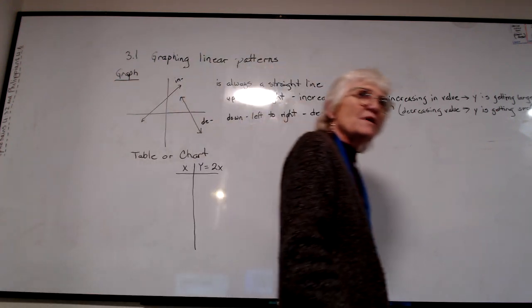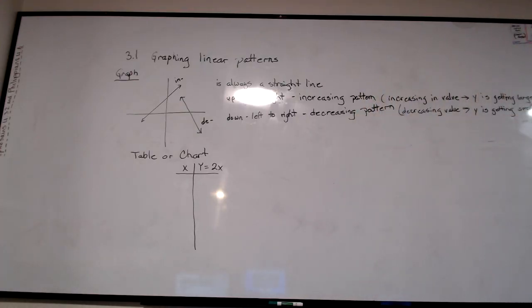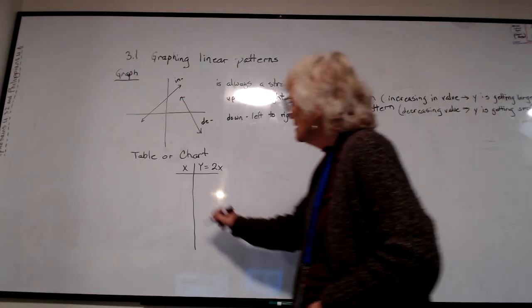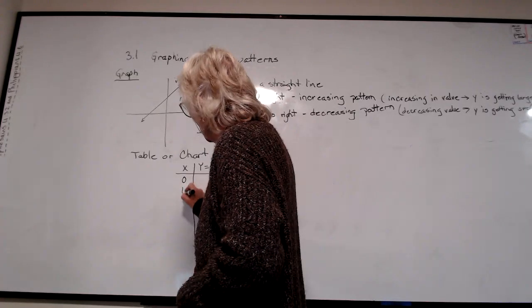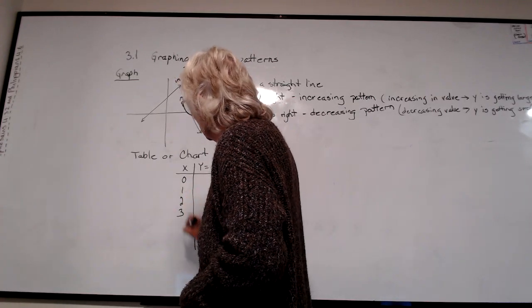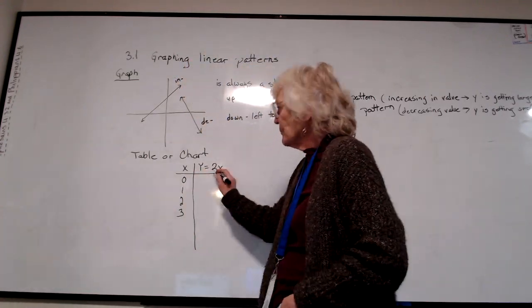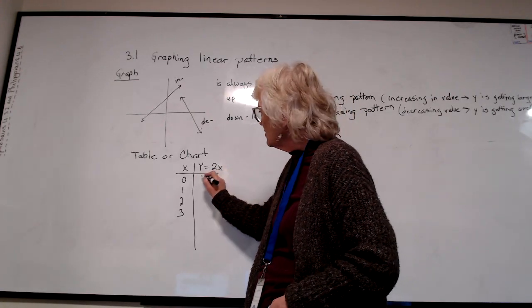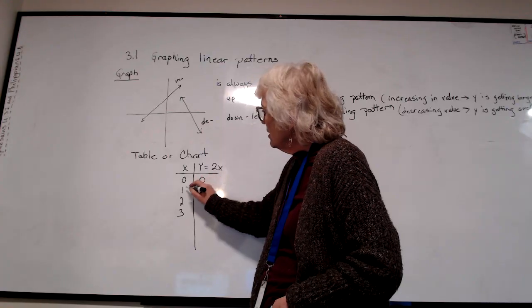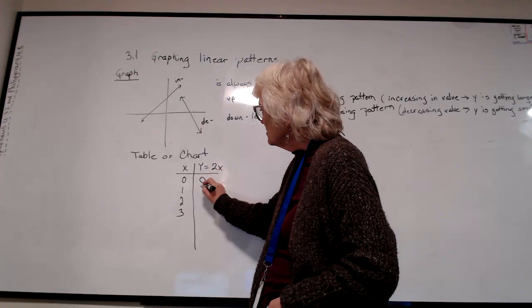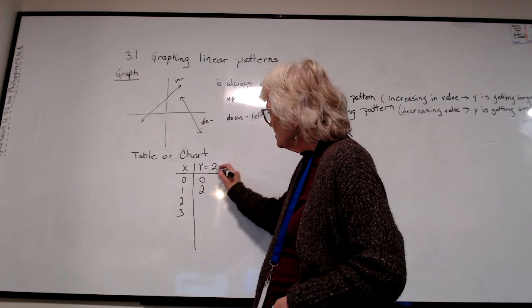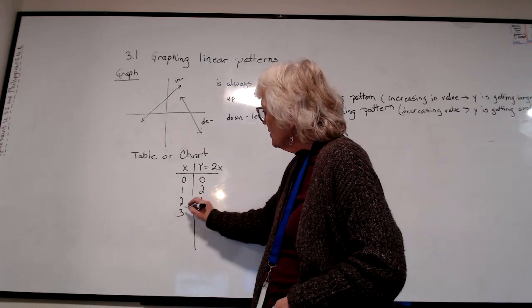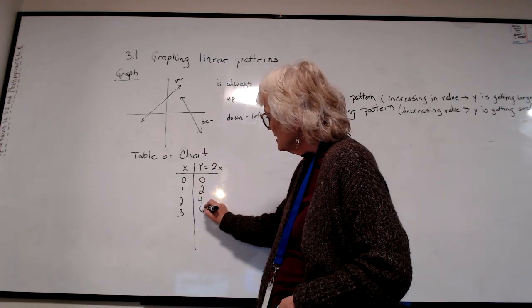If I put some numbers in for x, like 0, 1, 2, 3, do the multiplication by 2. So 2 times 0 is 0. 1 times 2 is 2. 2 times 2 is 4. 3 times 2 is 6.